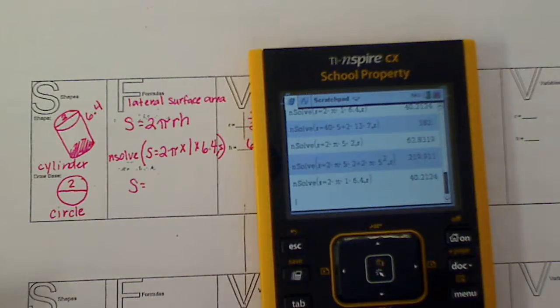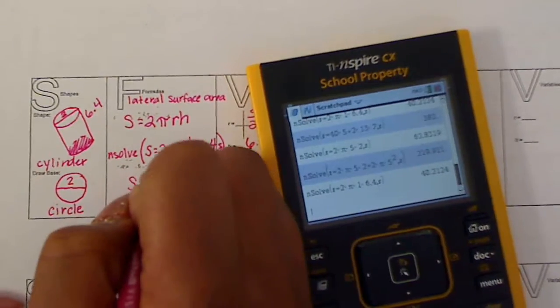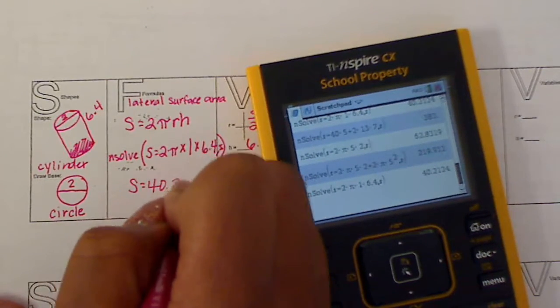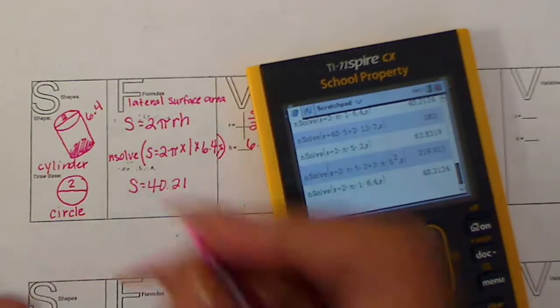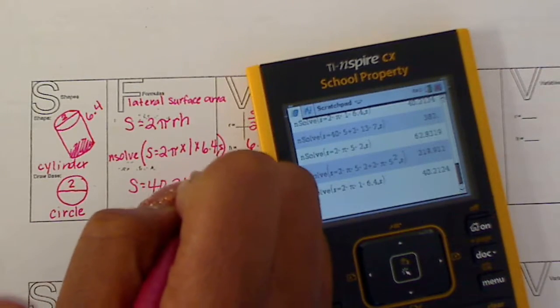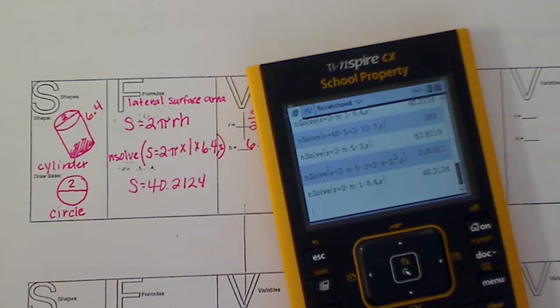You should have gotten 40.2124. What's our answer?